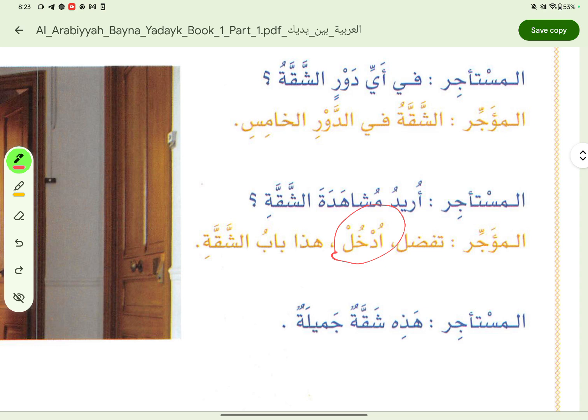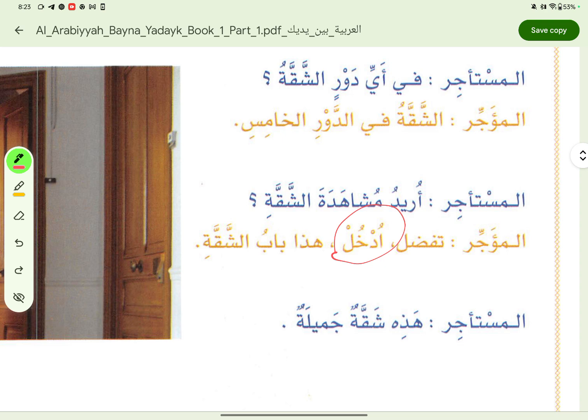Notice how it sounds. Udkhul, iqra. It's in that state of sukoon at the end, and it's starting with an alif, right? The reason is because those words are command words. Iqra bismi rabbika alladhi khalaq, right? Read, as a command verb.